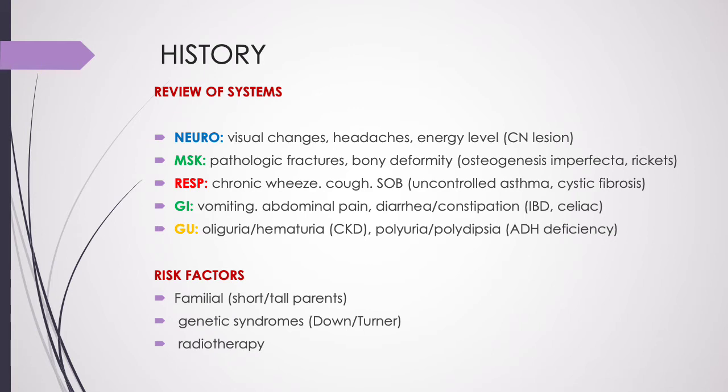GU: we have to ask about hematuria, polyuria. And the risk factors: we have to ask about family history of short or tall parents, genetic syndromes such as Down or Turner, or if there is any history of radiotherapy.